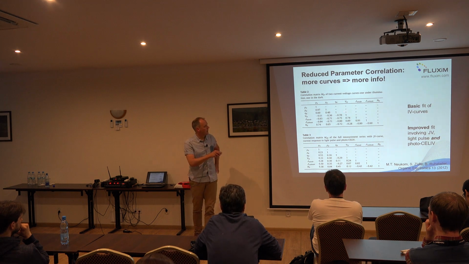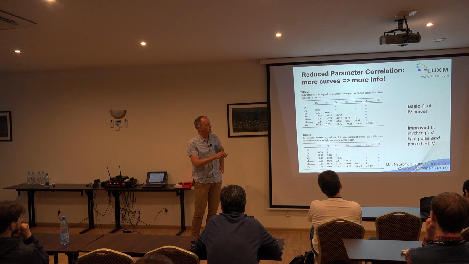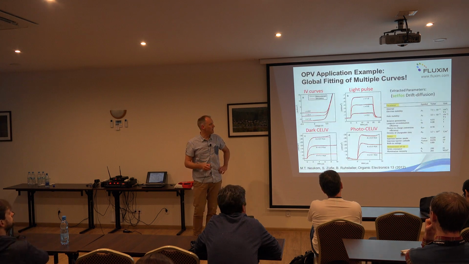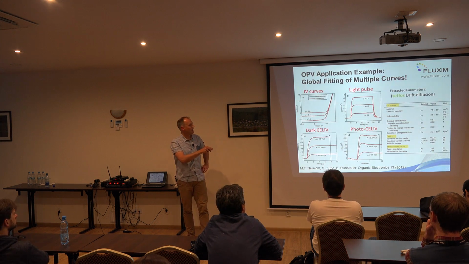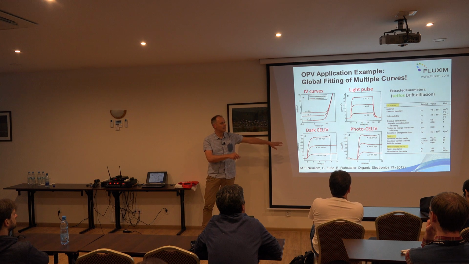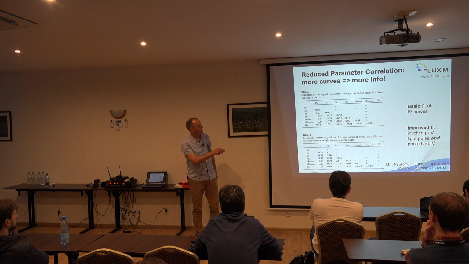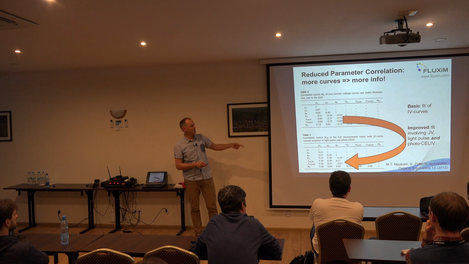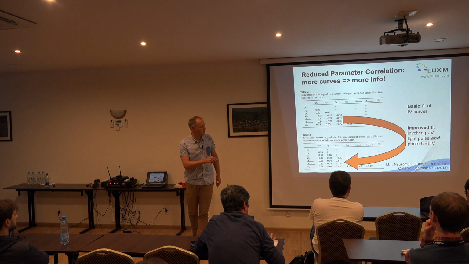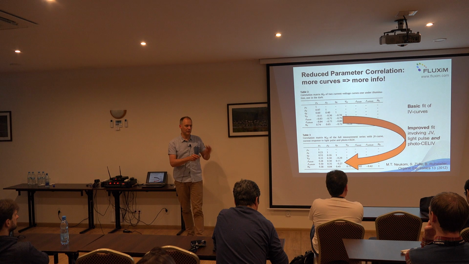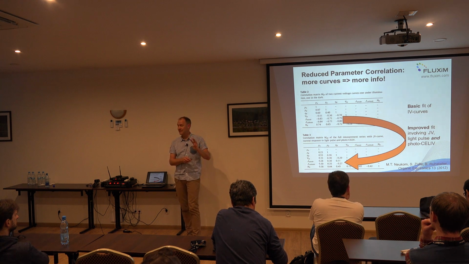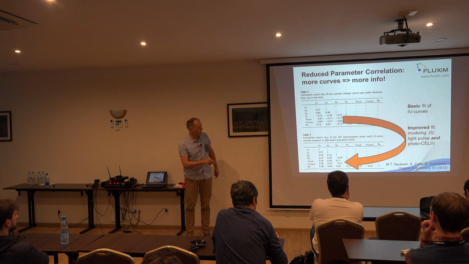And you see, if you only include current voltage curves, meaning just these 3 curves here, and then don't include the other data, then you get strong correlations of the extracted model parameters. All these numbers are quite big. And alternatively, if we choose JV, light pulse, and photo CELIV, so all the 4 different measurement techniques, then we get smaller correlations.